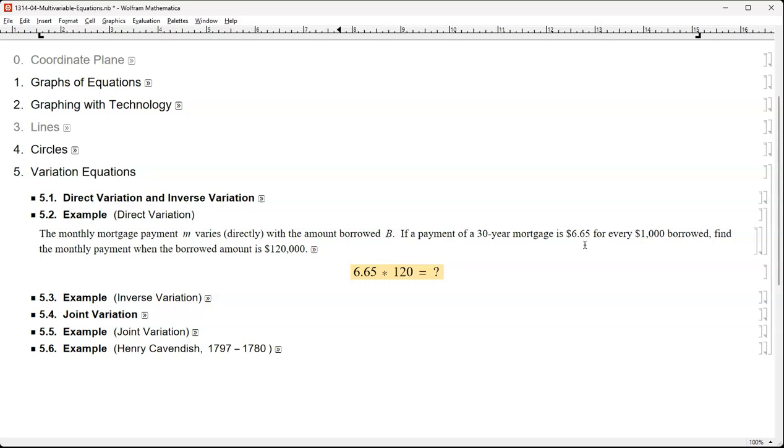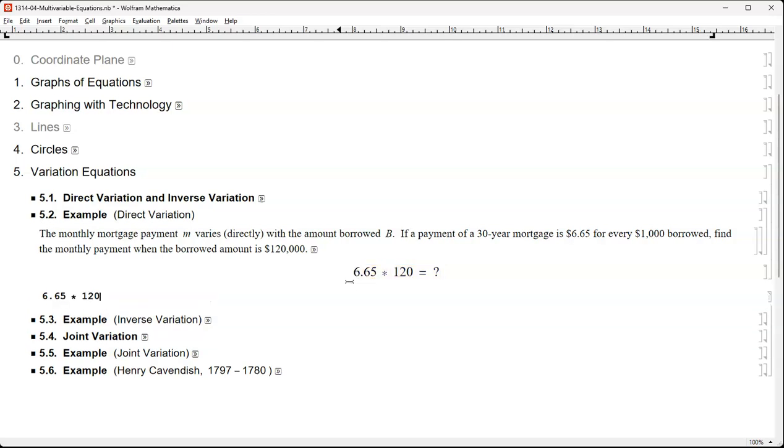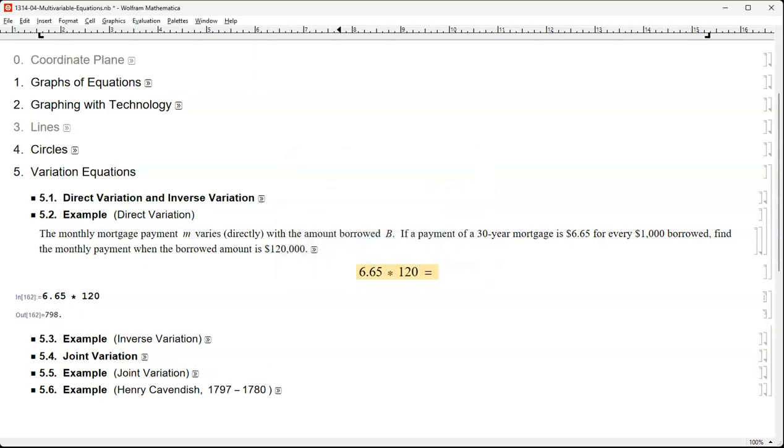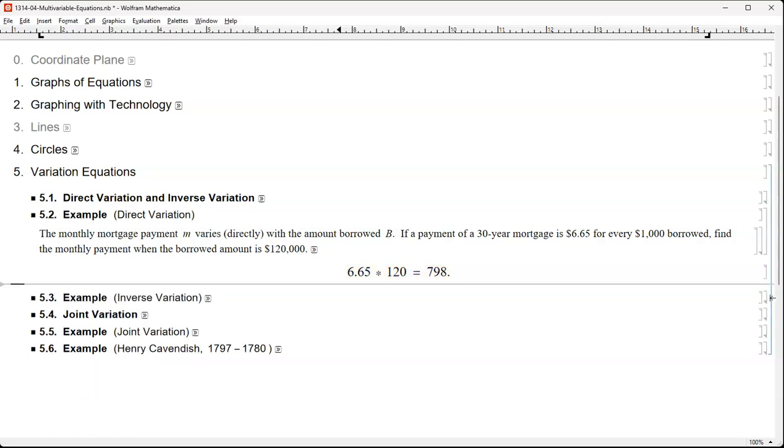So 665 times the same 120, and that's going to be the payment if you borrowed 120,000. By the way, what is this quantity? So 798. So that's going to be your monthly payment, excluding the escrow, just a mortgage payment.